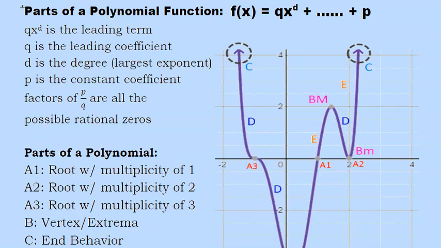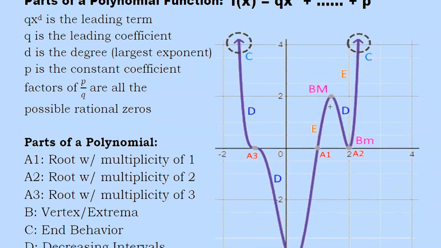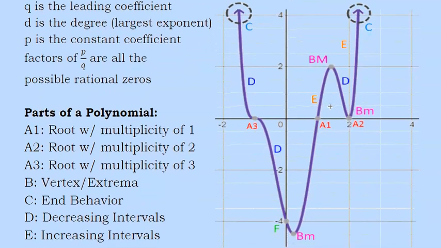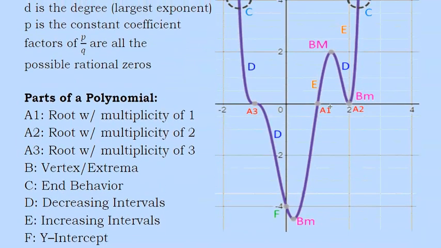If you look at this graph right here, we have the parts of a polynomial on a graph. So this first A1 is a root with a multiplicity of 1. That just basically means our factor would be x minus 1.